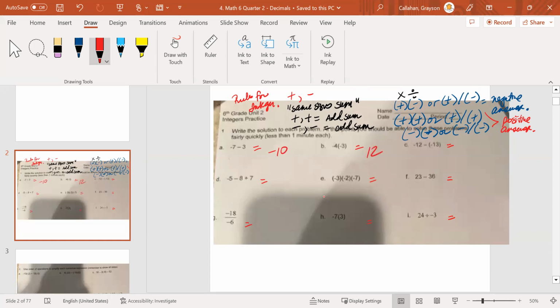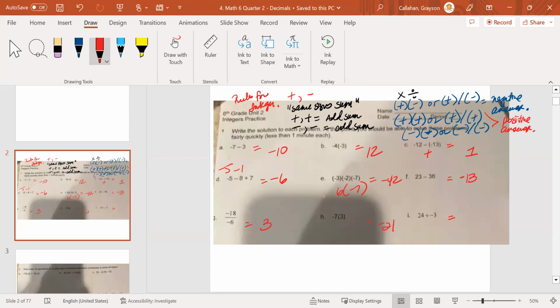Okay, A, I got -10. Keep going. B, I got 12. Keep going. C, I got -12 or +12? Positive. Okay, good. C, I got 1. Keep going.